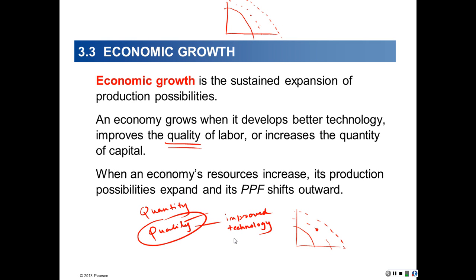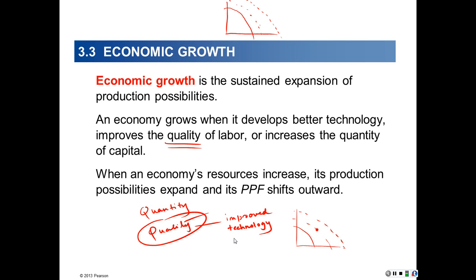You follow me? If we are able to, say, work with faster and better and more intelligent computers, for instance, we become more productive, right? A worker will now seem like more than a worker, right? So it's quantity of resources as well as the quality of resources that causes, or rather improvements in both these areas cause, economic growth, a rightward shift of the PPF.